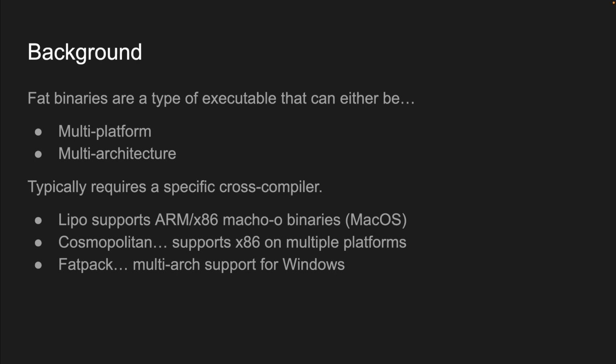And you have Cosmopolitan, which supports x86 on multiple platforms, and we'll get into which specifically in a bit. And then you also have Fatpack, which is a multi-arch support for Windows. And they're not generated specifically by Fatpack, but you may have seen them before. The Windows .msi files, those are also multi-arch.